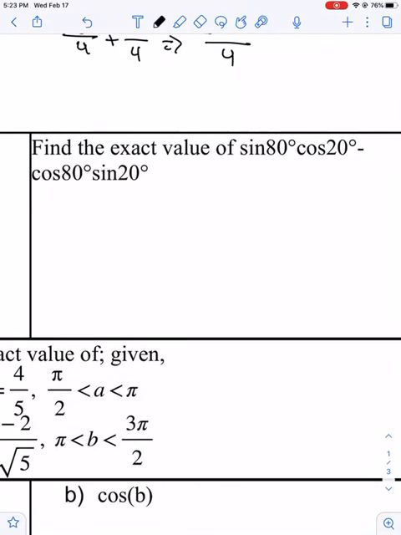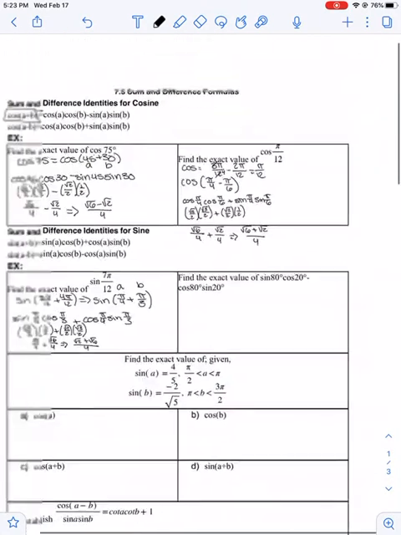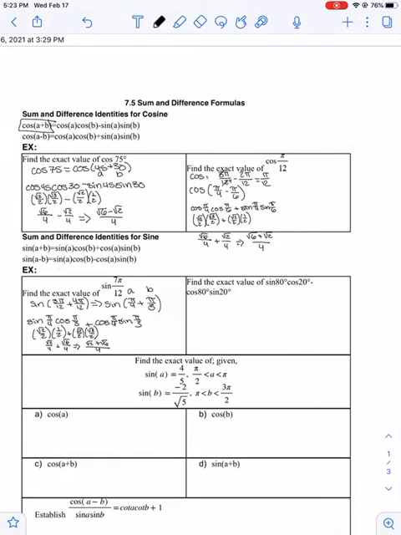All right. We have: find the exact value of sine 80 cosine 20 minus cosine 80 sine 20. So this one, if we look at our formulas, we have sine, cosine, minus cosine, sine.